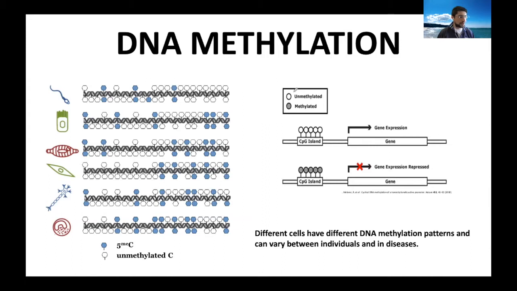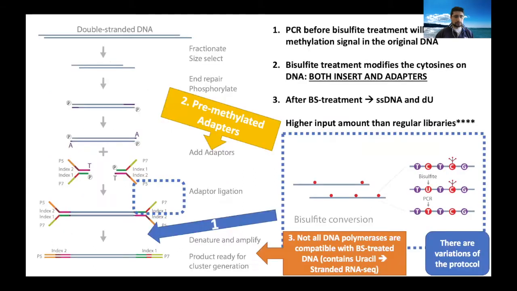When it's in the gene body, usually the gene is expressed or has been expressed in the past. It's a really cool modification because it does not modify the sequence of the DNA, but it's different between cells. So we actually use DNA methylation to distinguish cells from a population of tissue. That's why we study DNA methylation.